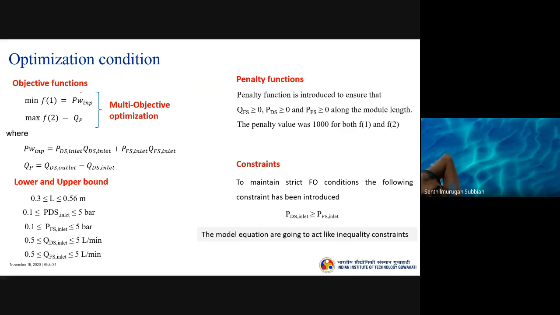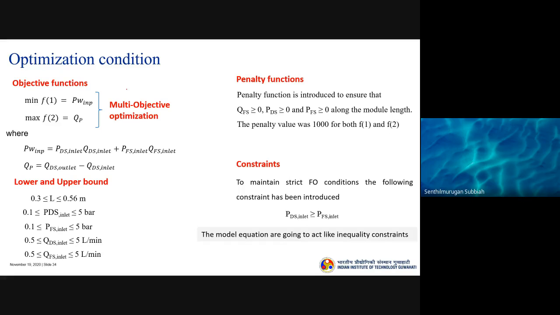So we have two objective functions. One is to minimize the power input. The other is to maximize the permeate flow rate, because both are important. We need to meet the target production, and we need to minimize the energy consumption because the process should be profitable.